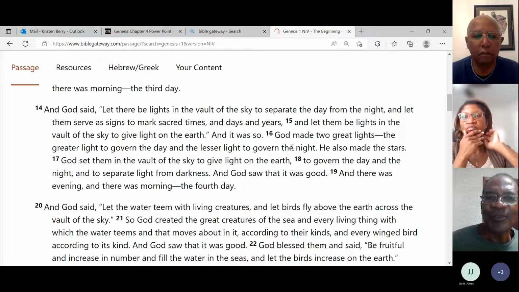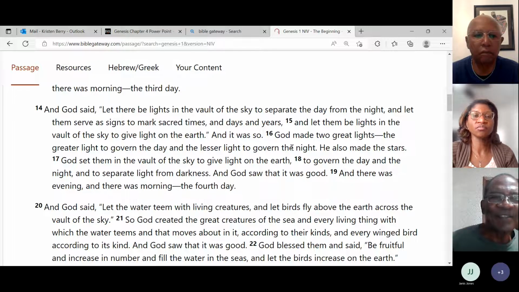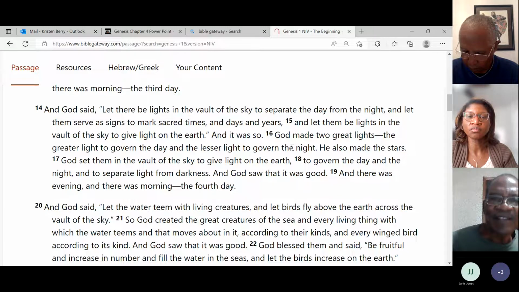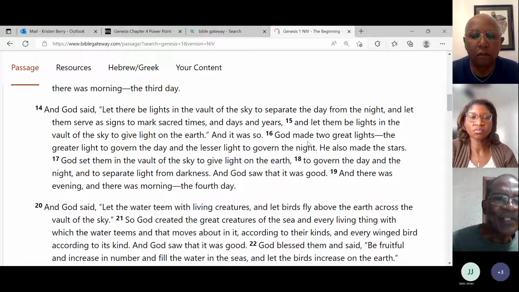God made two great lights, the greater light to govern the day and the lesser light to govern the night. He also made the stars. God set them in the vault of the sky to give light on the earth, to govern the day and night, and to separate light from darkness. And God saw that it was good. And there was evening, and there was morning, the fourth day.